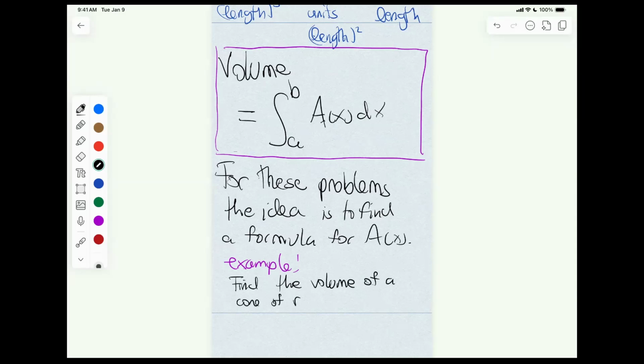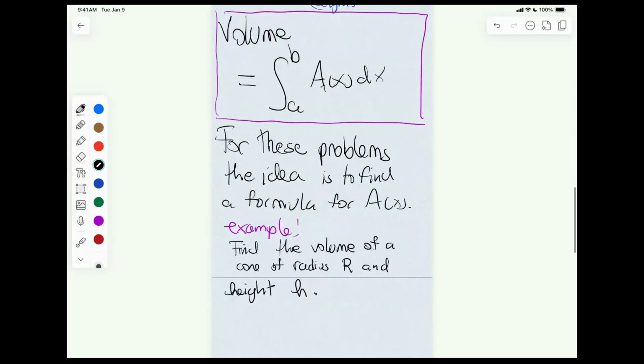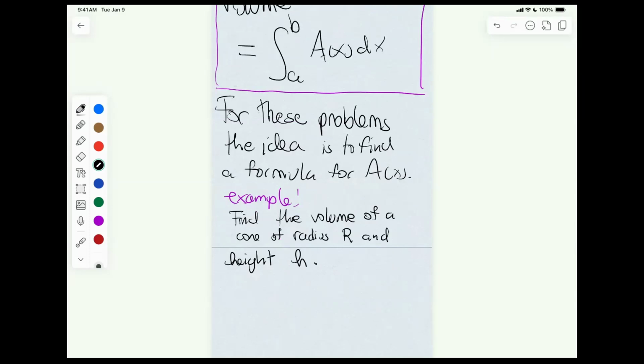A cone of radius r and height h. And this is the other problem that I said you should study for the quiz. Usually for this type of problem, I do not give specific values to, say, the radius or the height, because that way you can actually see what the formula is.